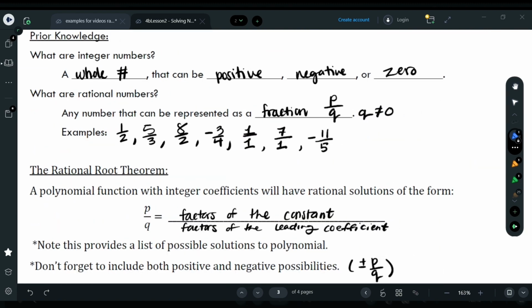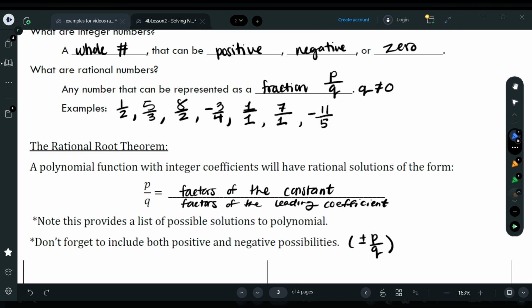A polynomial function with integer coefficients will have rational solutions of the form p over q, where the p values can be any factors of the constant, the q values can be any factors of the leading coefficient. Okay, so what does this mean?